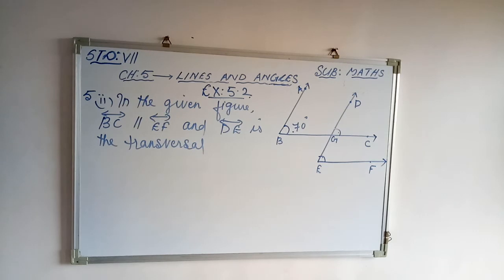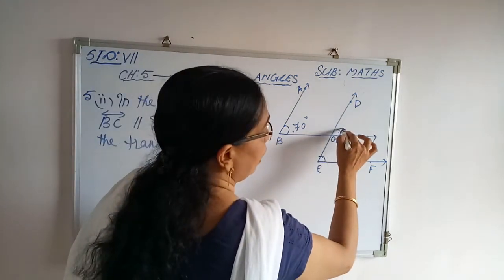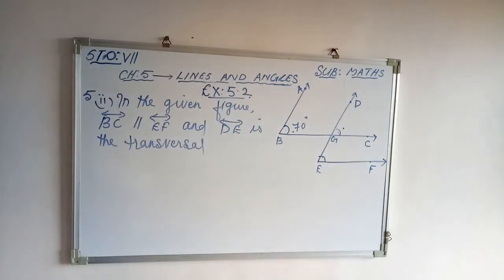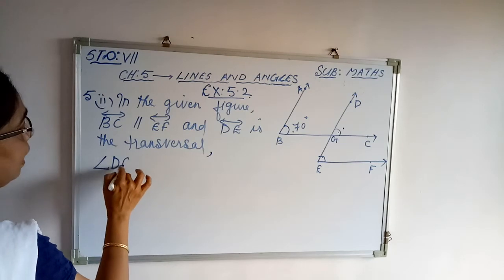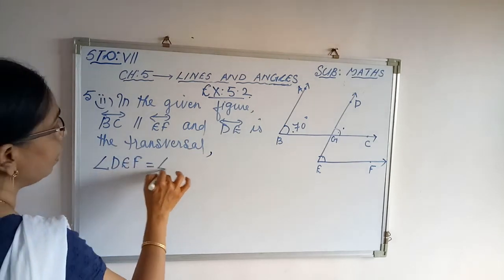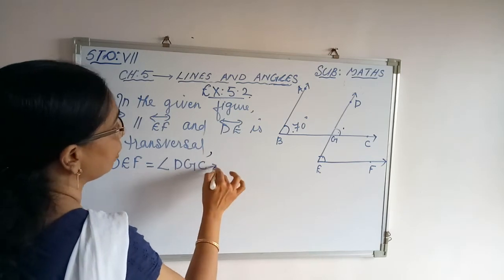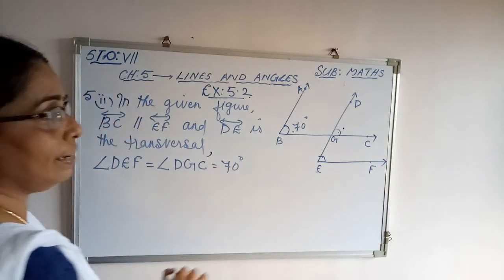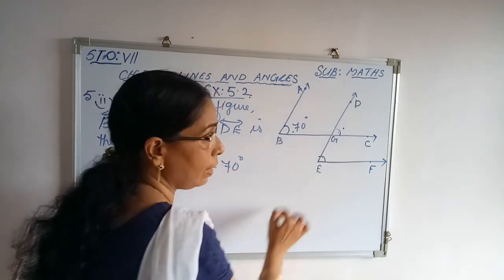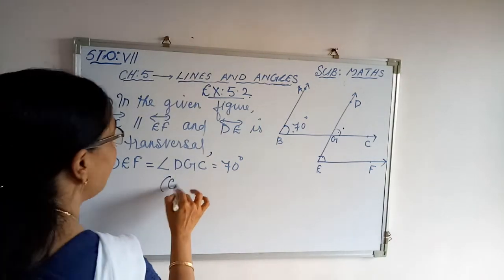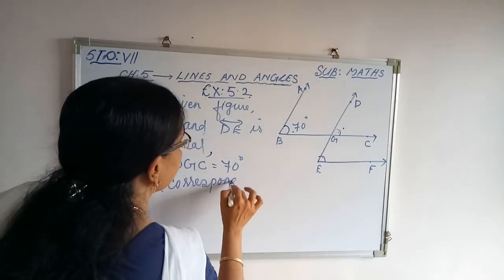Now, angle GEF and angle DGC. See here, we have already calculated this, isn't it? DGC, how much it is? 70 degree. And what about DEF? See that transversal. Then angle DEF will be equal to angle DGC, 70 degree. What is the reason? Two parallel lines intersected by a transversal. These two angles are the corresponding angles, so they are equal. That is corresponding angles.